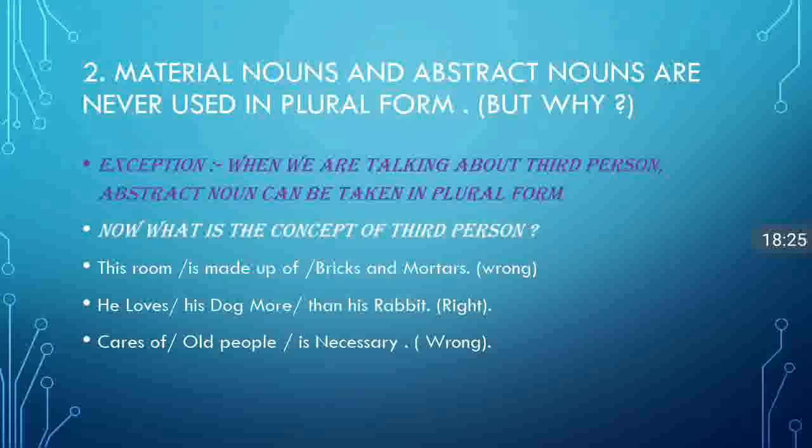So coming to the first example, this room is made up of bricks and mortars. If there are option A, option B, option C, and option D is no error, then you are going to take bricks and mortars. Because room is common noun, and what is it made up of, what is the material? Brick and mortar. So what is written, bricks and mortars, seems right, but it is actually wrong. So you are going to strike it out.